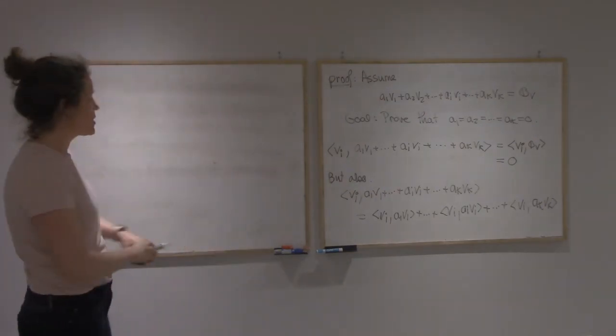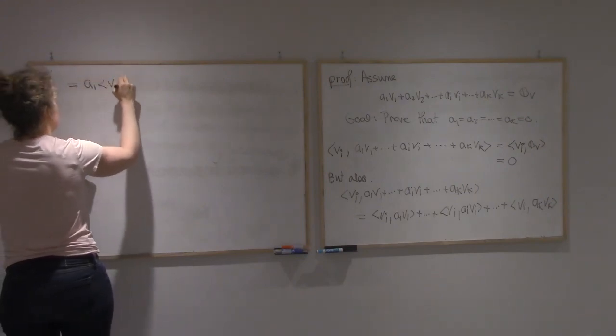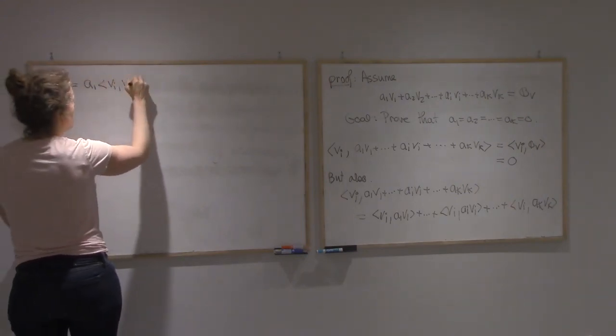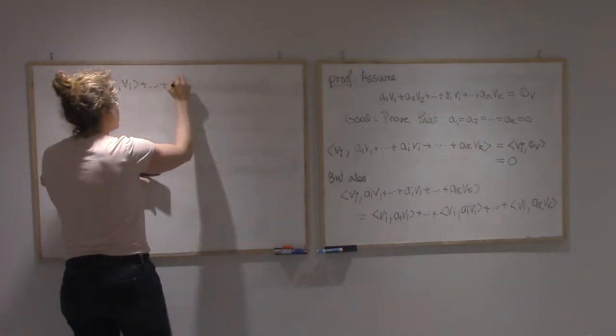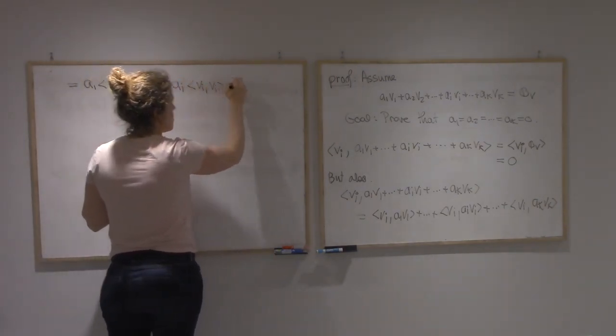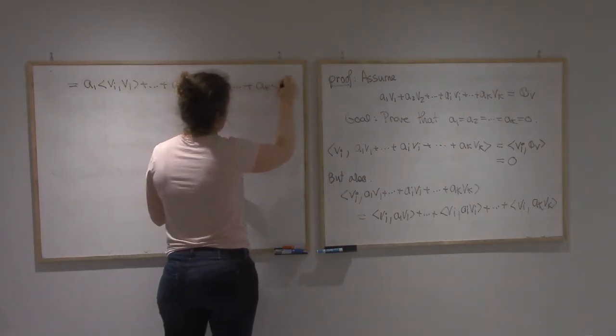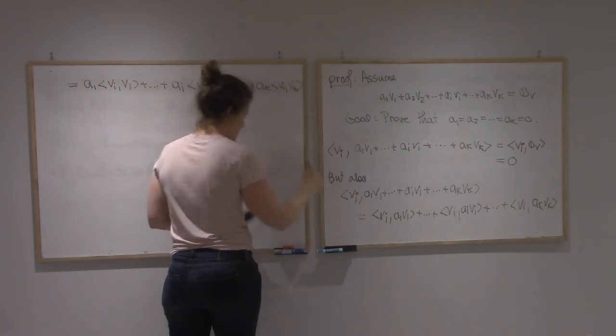Perfect. Now I can take the constants out, so I get A1 Vi dot V1, Ai Vi dot Vi, Ak Vi dot Vk.